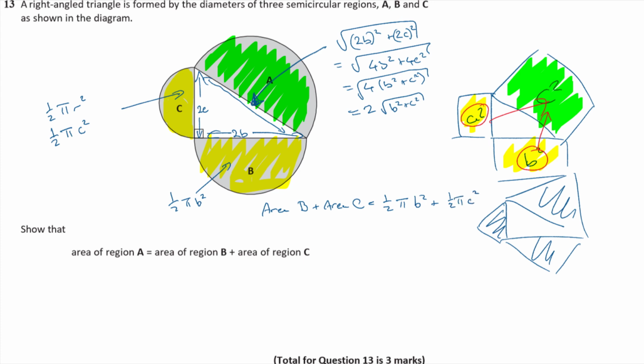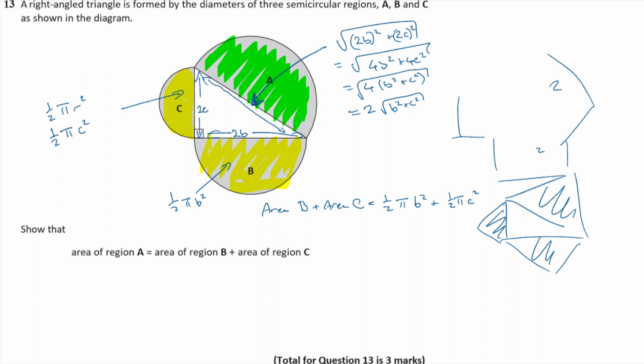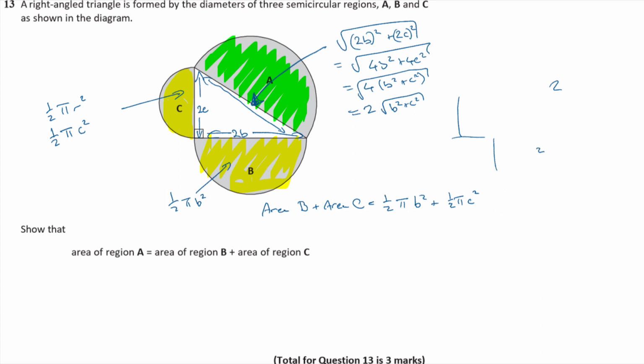I'm going to get rid of this diagram now because it's using up space that I don't need. I kind of was just using it as an explanation, not part of this problem, and I need the space. Right, okay, so that's the area of b plus the area of c. Now I need to show that's the same as the area of a. So in order to do that, I need to work out what the area of a is.